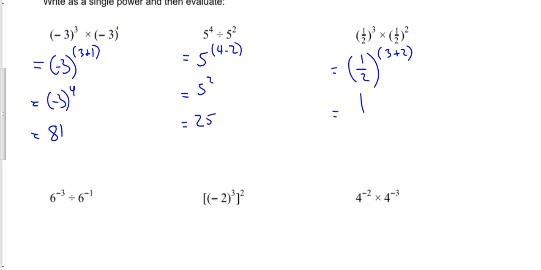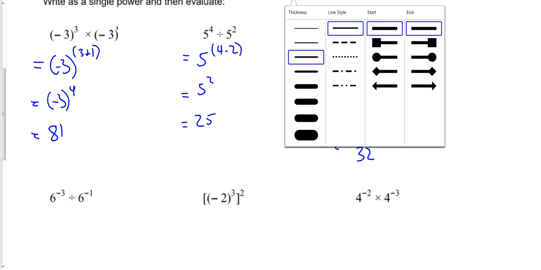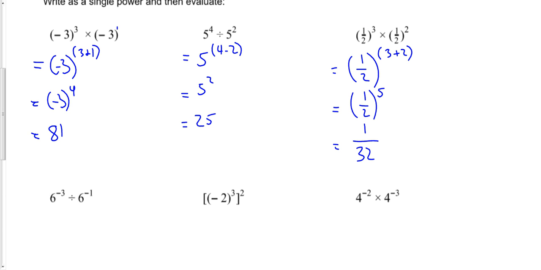Let me correct that. So that gives us 1/2 to the exponent 5, which is the same as 1 over 32. Again, remember, whenever you're doing a fraction, you apply the exponent to the top number and to the bottom number. So 1 to basically any exponent is always 1, but 2 to the exponent 5 is 32.